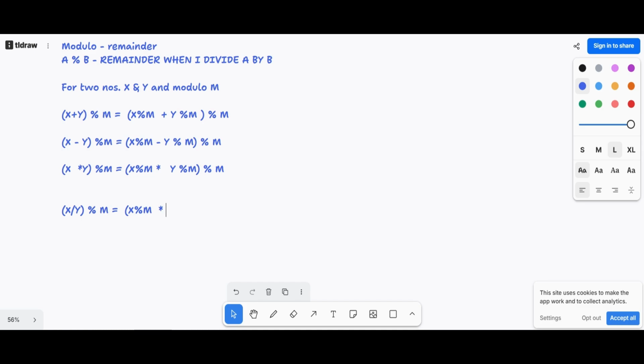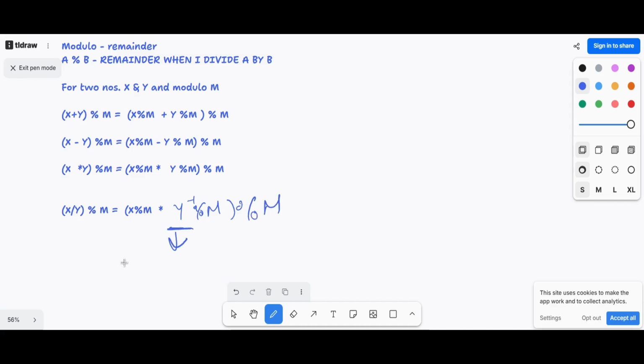Let me write it with the pen. Okay, this is nothing but (x modulo m multiplied by y inverse modulo m) whole modulo m. So the main logic for doing this is finding the modulo inverse.